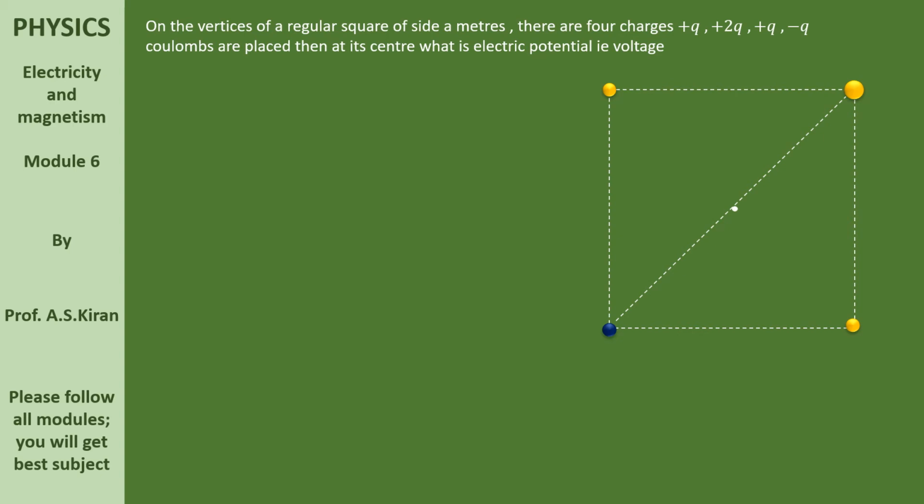In one right angled triangle, the height is A, the base is A, then the hypotenuse is root 2A. See, in this BCD right angle triangle, base is A, height is A.